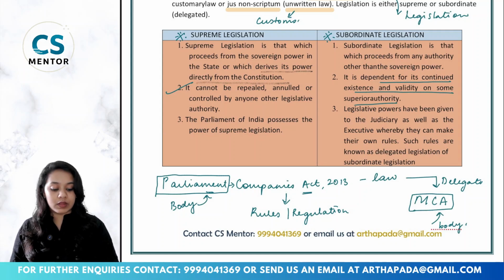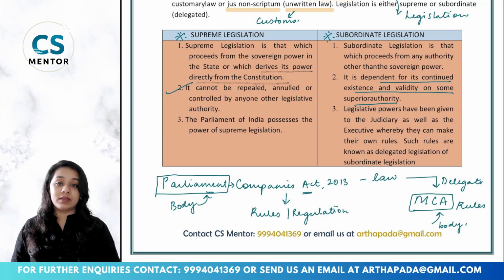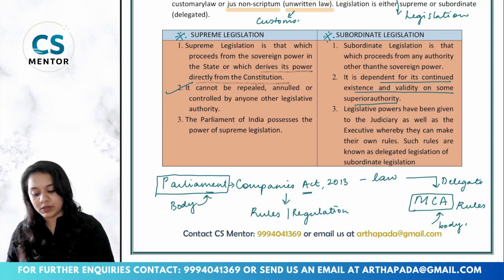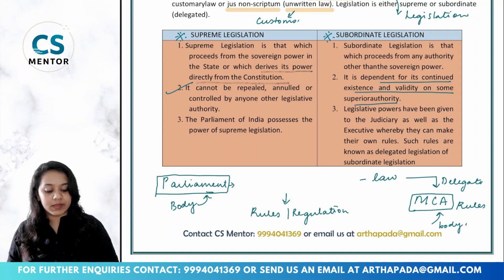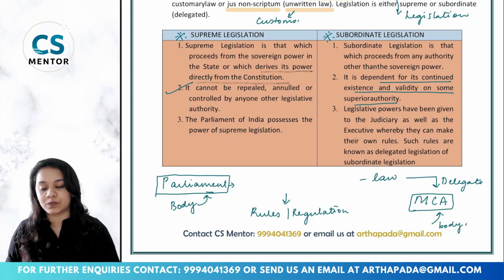So, if MCA passes some form of rules, then the rules are entirely dependent on the main law for their existence. Let's say, for example, that by some chance the Companies Act of 2013 ceases to exist, then even the rules will cease to exist. This is the condition for supreme and subordinate legislation.